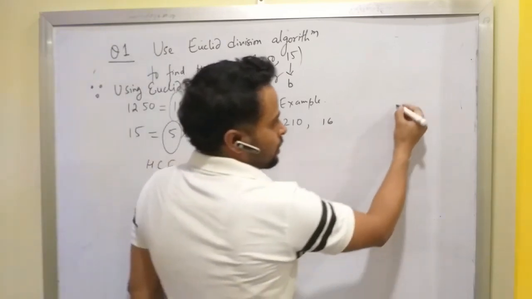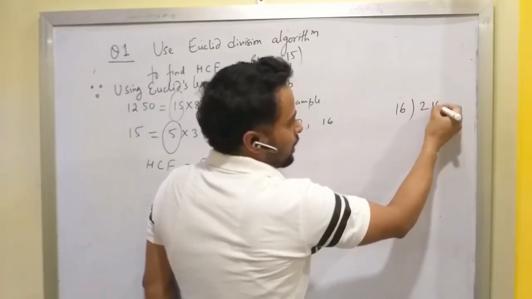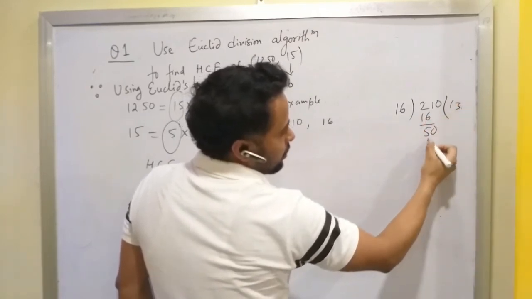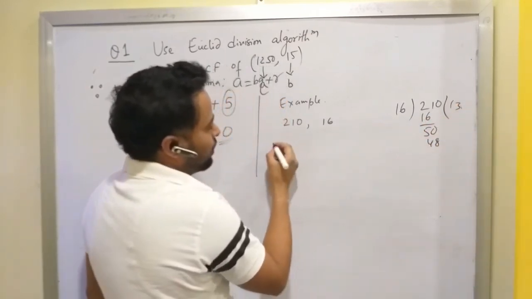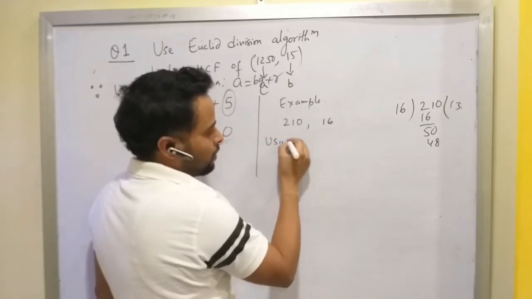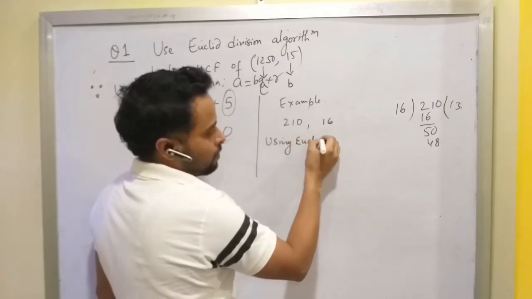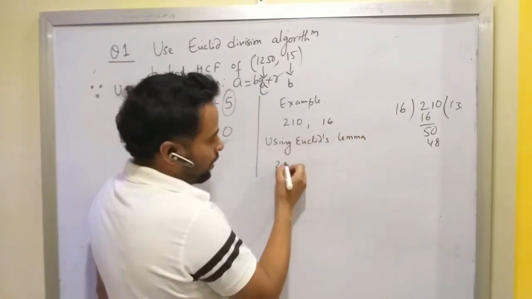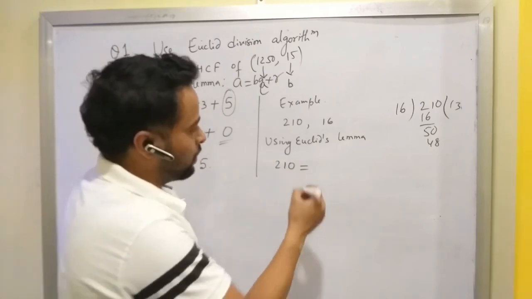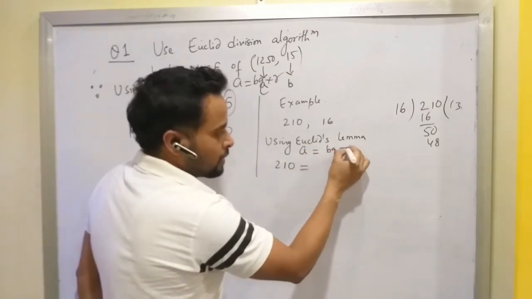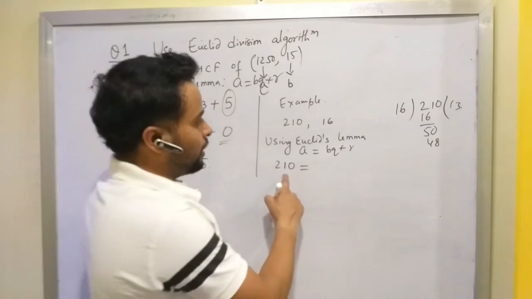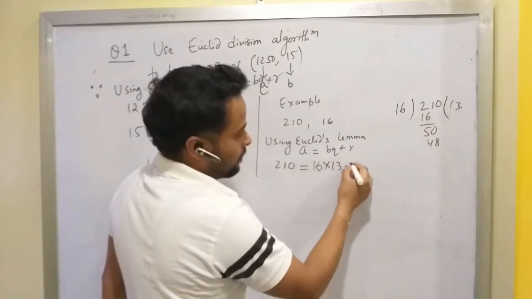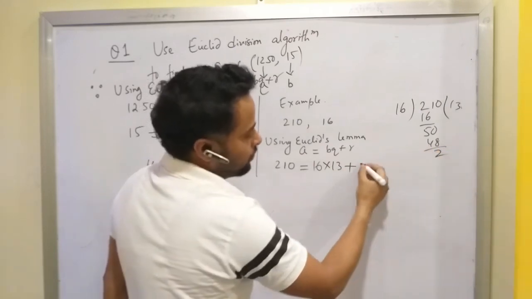So how do we proceed? Just try 16 and 210. 16 1 is 16, 16 5 0, 16 3 is 48. So here we write using Euclid's lemma: a equals bq plus r. 210 equals 16 into 13 plus how much? 2.